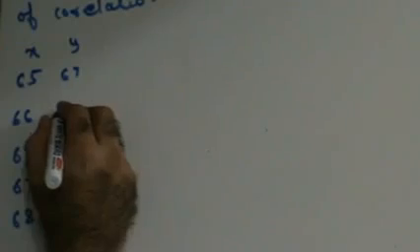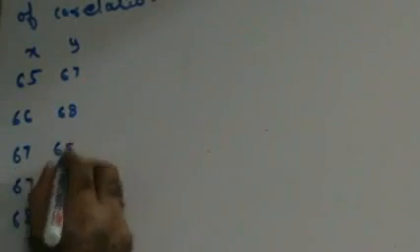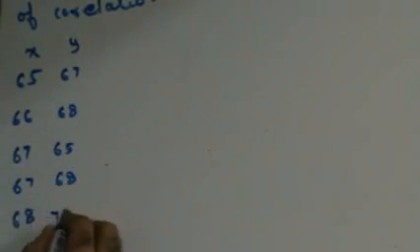They give you data: x is 65, 66, 67, 67, 68, 69, 70, 72. Y is given to you as 67, 68, 65, 68, 72, 72, 69, 71.